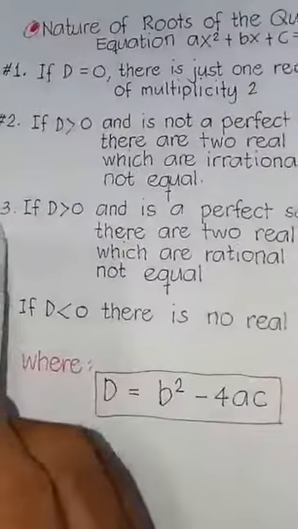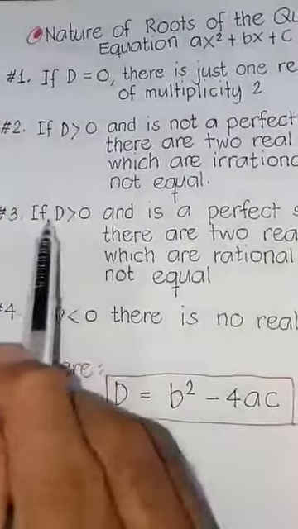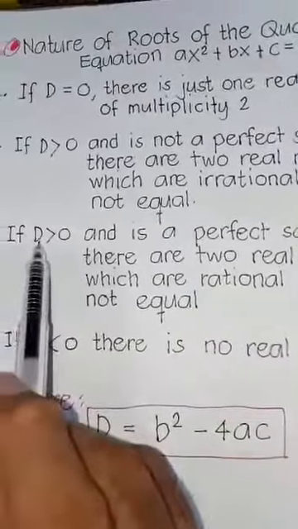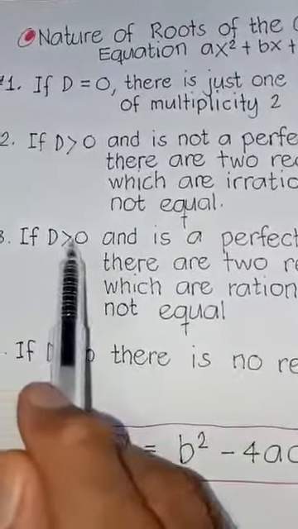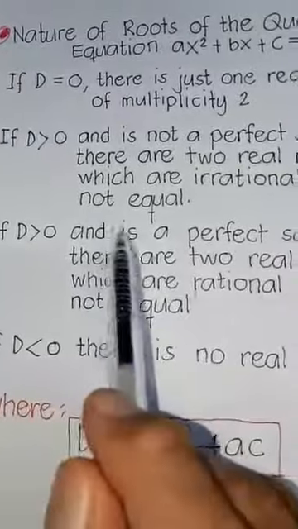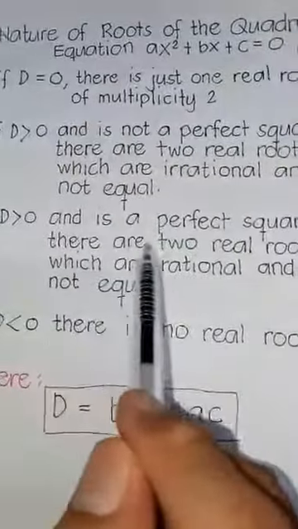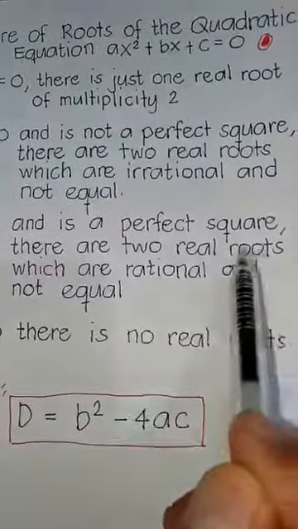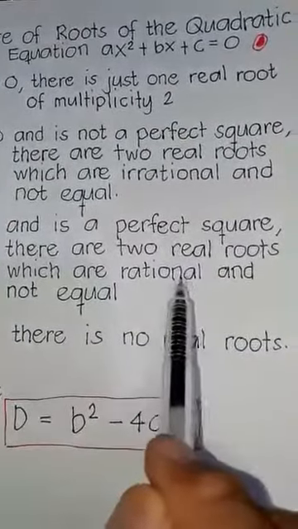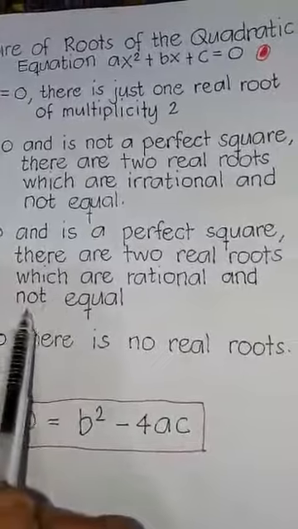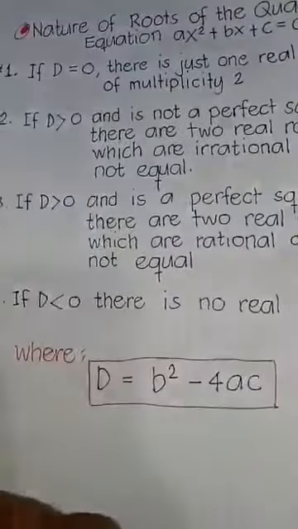Definite rule number 3: if discriminant d of a quadratic equation is greater than 0 and is a perfect square, there are two real roots which are rational and not equal.